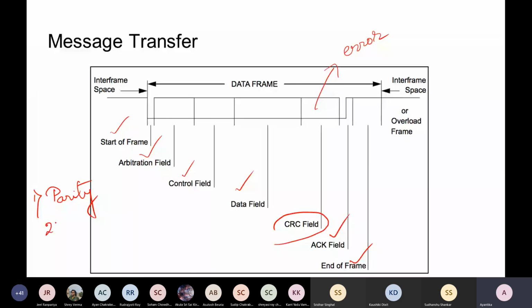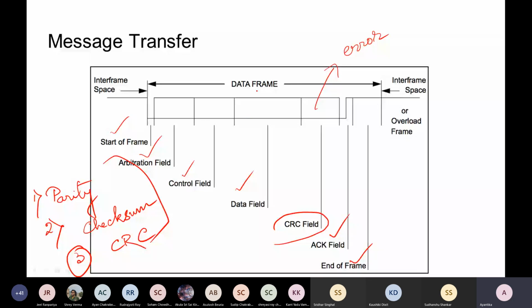Second one is checksum. The third one is CRC. Now, how are they different? Checksum is a bit different. I'm not going into that, but the parity and CRC idea is almost the same.